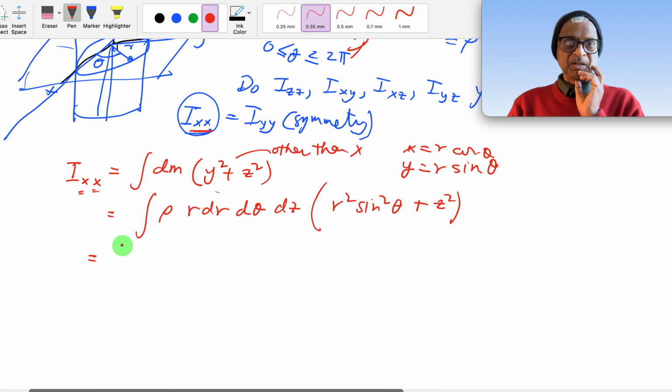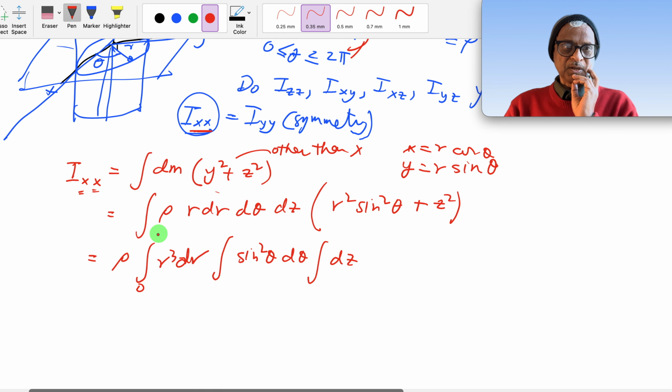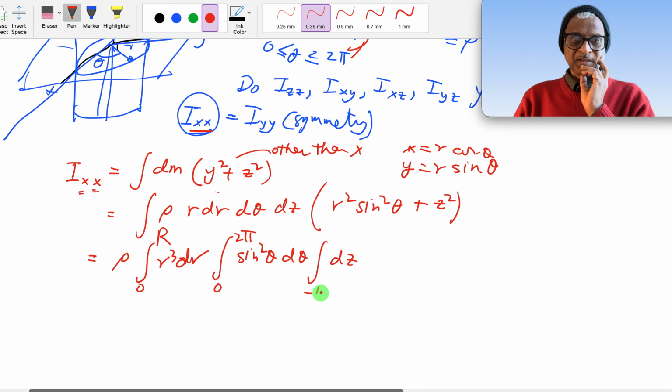Let's separate them out. Rho, this r with r becomes r cube dr, and sine square theta d theta, and then dz. And the limits are 0 to r, 0 to 2 pi, minus L over 2 to L over 2. That's coming from this part.